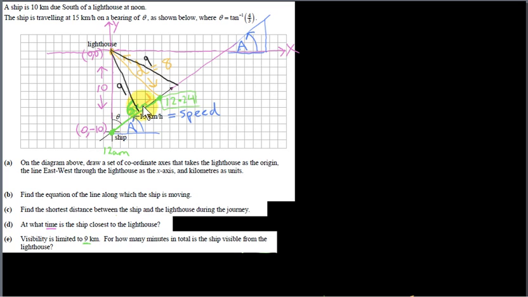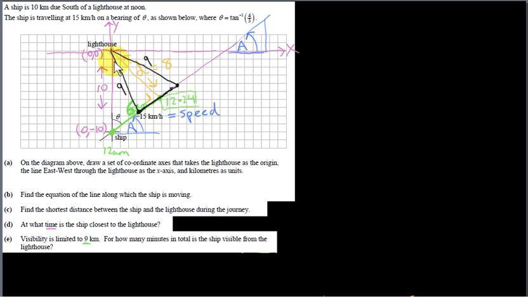But when the ship is less than or equal to 9 kilometers, in other words, when the ship is along this part of its path, then the ship is visible from the lighthouse. Because when the ship is anywhere along here, its distance to the lighthouse is less than or equal to 9. It's equal to 9 at this point and this point. It's less than 9 for any points between.